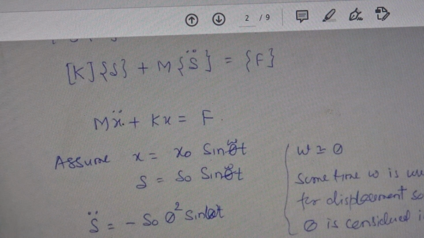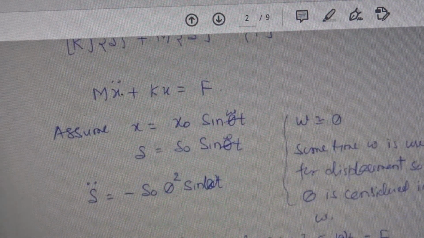So this is the correct equation: k delta naught sin omega t minus omega square m delta naught sin omega t is equal to f. For free vibration, f is equal to 0, there is no external force. So k delta naught sin omega t minus omega square m delta naught sin omega t is equal to 0.